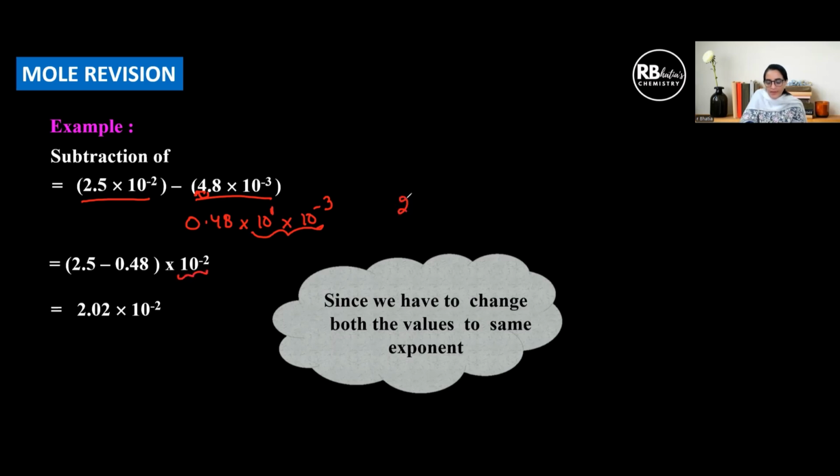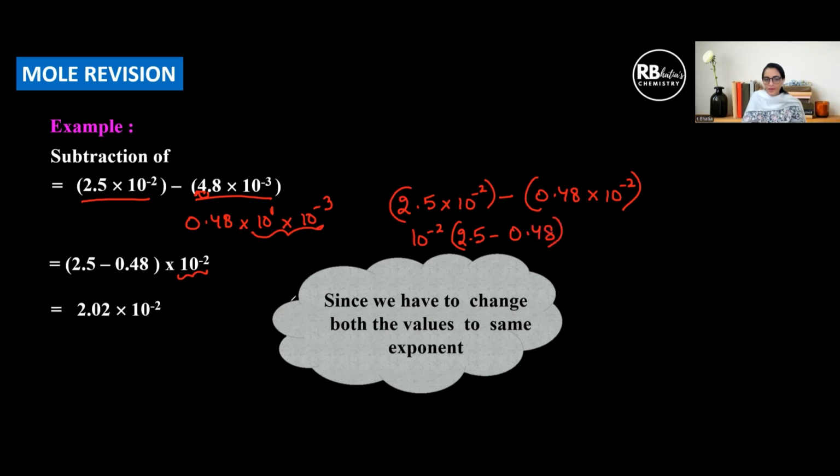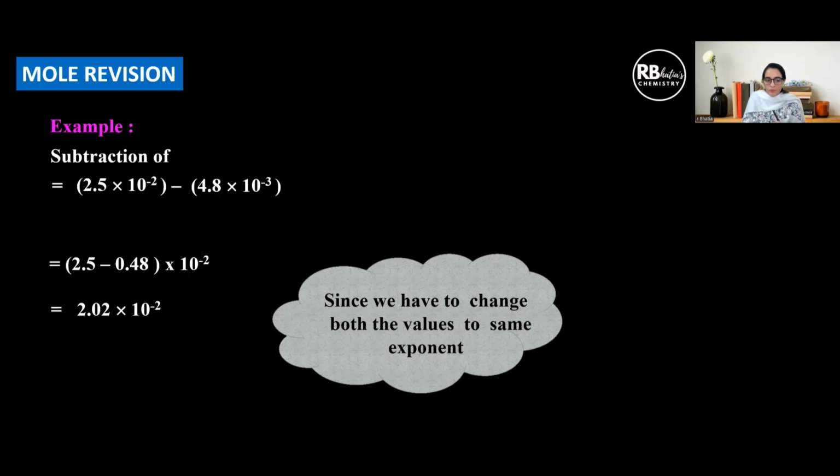So the expression is 2.5 into 10 to the power minus 2 minus 0.48 into 10 to the power minus 2. I'll take 10 to the power minus 2 common, 2.5 minus 0.48, and I get this as the answer. This is how to do addition and subtraction using scientific notation.